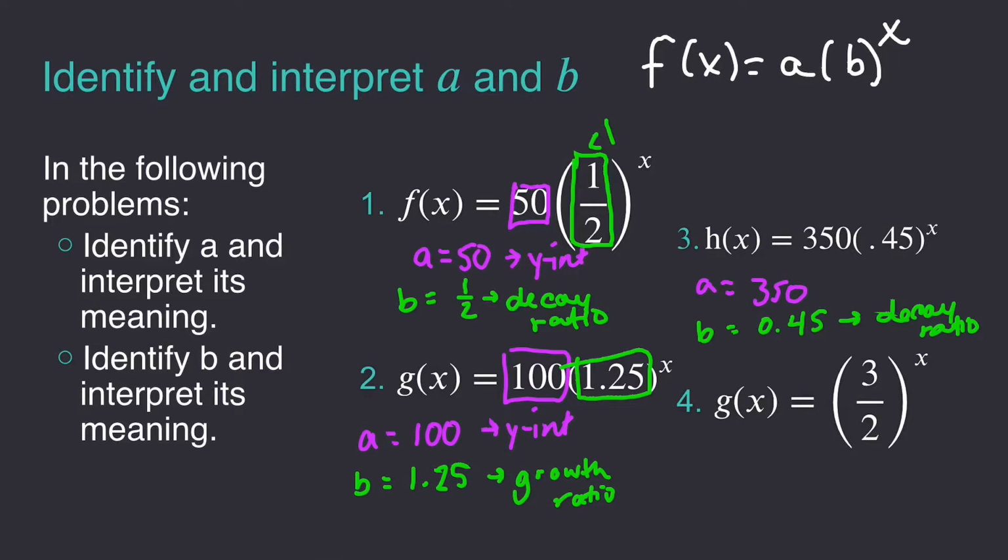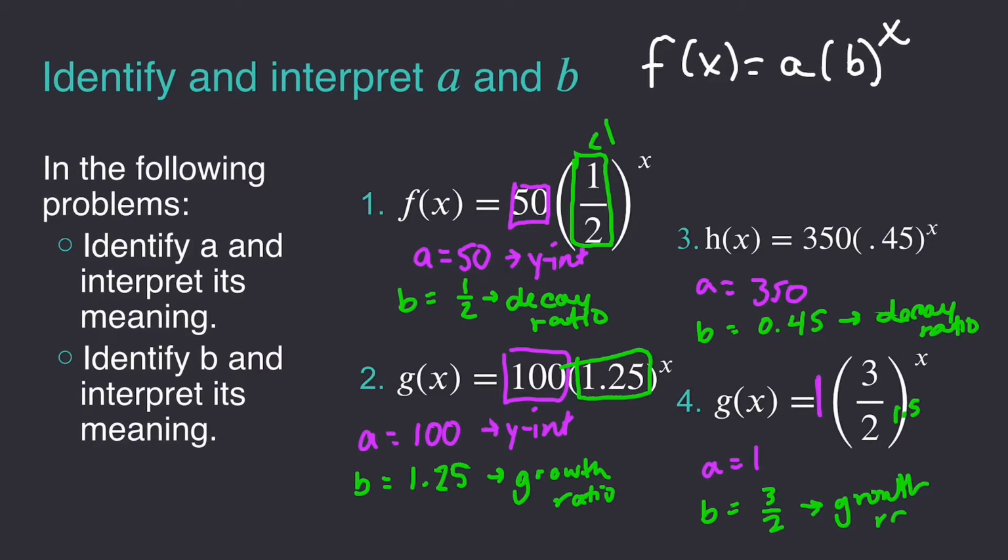And on this last one, there's no number in front of the parentheses, so we're going to put a number there, 1. We can always put a 1 in front of parentheses. So that means that our y-intercept is 1, and 3 over 2 is actually 1.5. So b is a growth ratio.